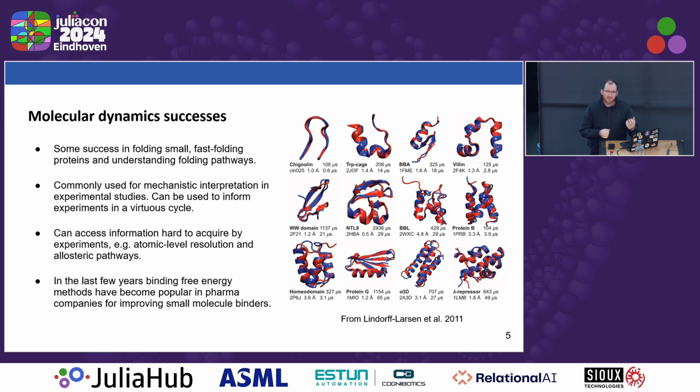And you can have this feedback loop between experimentalists and computational people. You get atomic level resolution at every single time step, which is something you just cannot get with experiment. And in the last few years, binding free energy methods, so that's where you have, for instance, a protein and a small molecule ligand, and you want to know how strongly that small molecule ligand binds, and that's become useful in pharma.